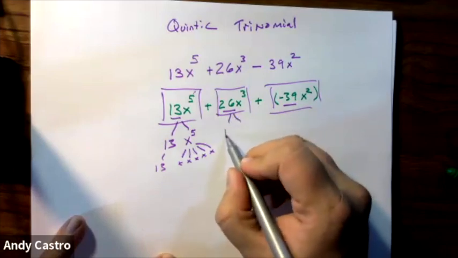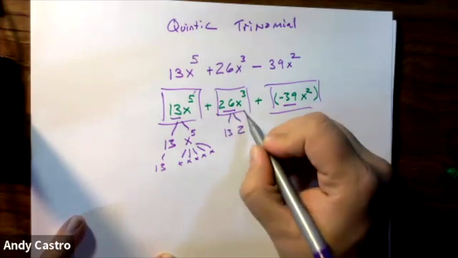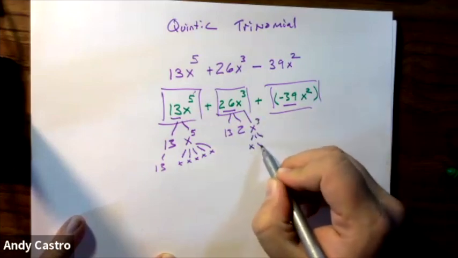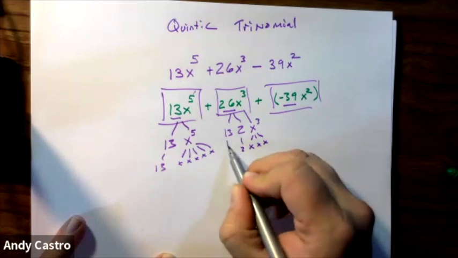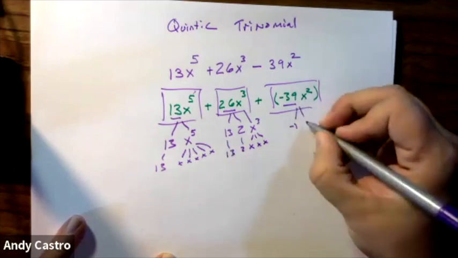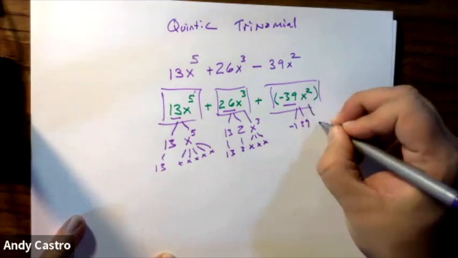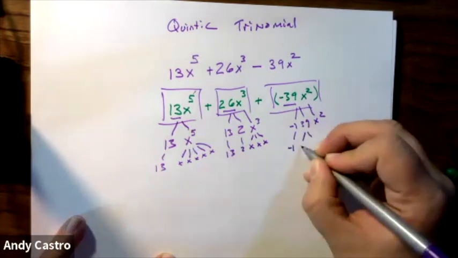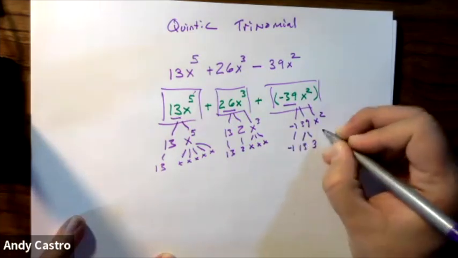26 is 13 and 2, and then x to the 3rd, so x's, 2, and 13. Negative 39 is negative 1 and 39, and x squared. 39 is 13 times 3.